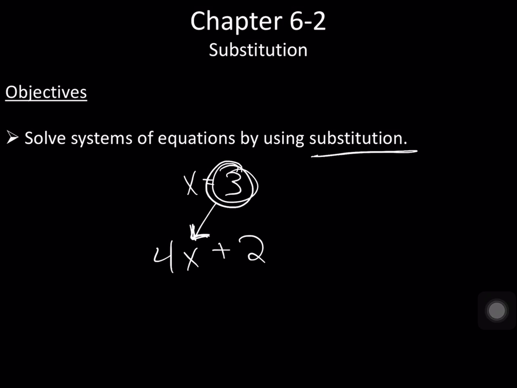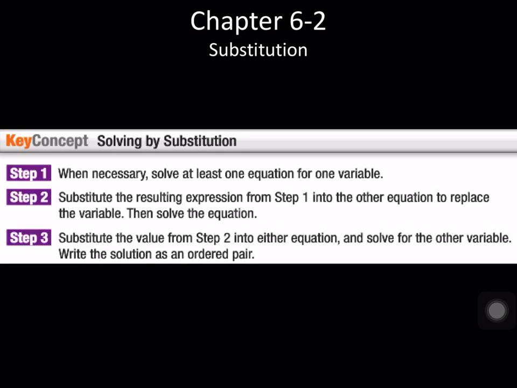Okay, so here's a couple of steps though. You probably want to pause the video, write these down, and we'll go through these steps as we work through some examples. But just for reference, here's what has to happen first. I've got to know what one variable already equals. Now remember, we're dealing with x's and y's.